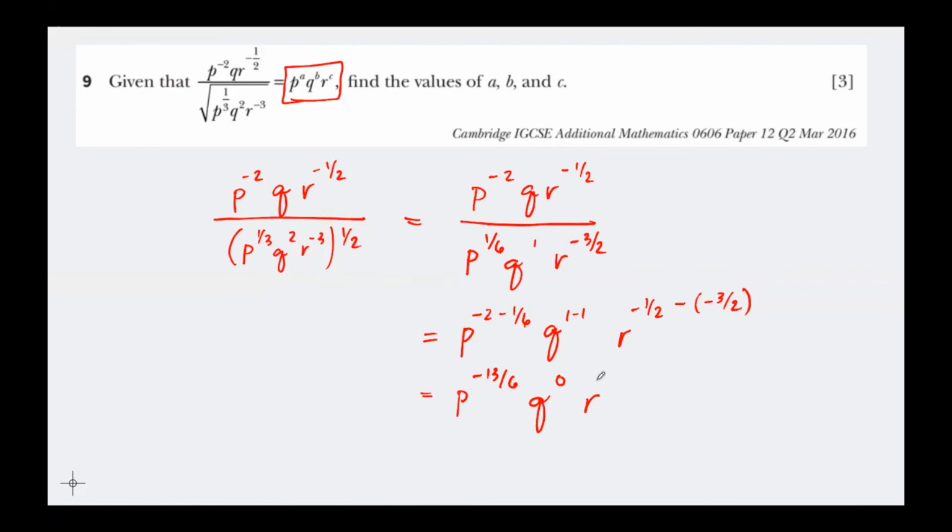So 1 over 2 plus 1 over 2 is actually 1. So that is R to the power of 1, or just R. So therefore, our A is negative 13 over 6. Our B is equal to 0. And our C is equal to 1.